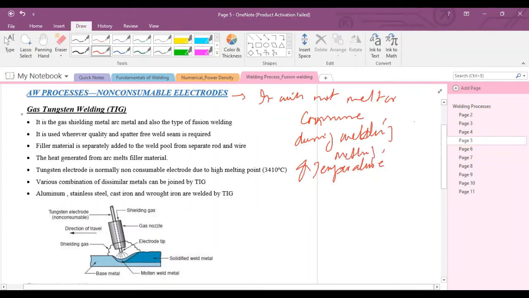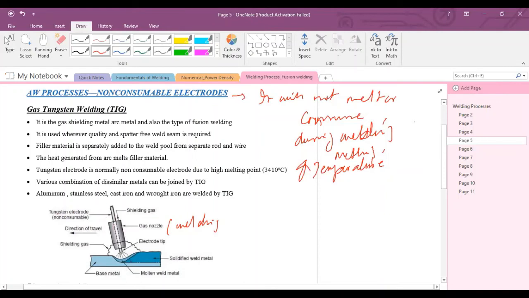There is one type called gas tungsten arc welding, also called tungsten inert gas arc welding. In this process, a non-consumable tungsten electrode is used in the same gas torch or welding torch. The tungsten electrode is held in the gas nozzle, and an electric current is passed through it.